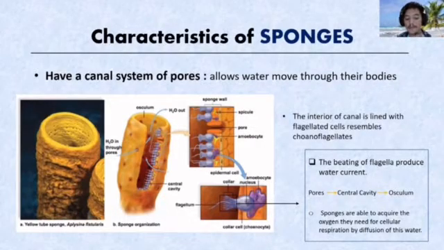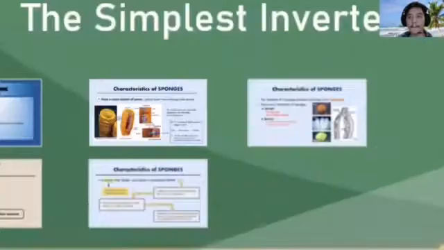As we can see, all collar cells consist of flagella. The beating of the flagella produces water currents which flow through the pores into the central cavity and out through the osculum, the upper opening of the body. Sponges are able to acquire the oxygen they need for cellular respiration by diffusion from this water.